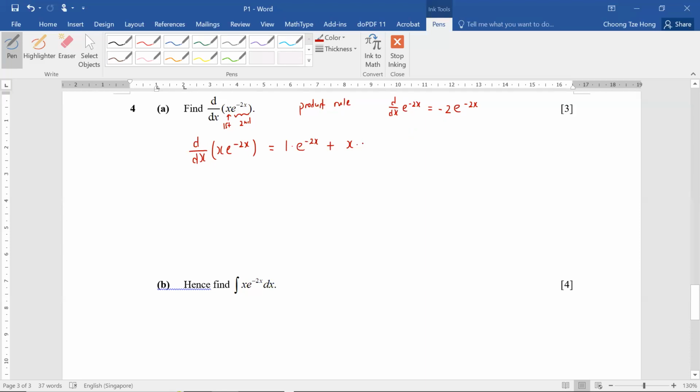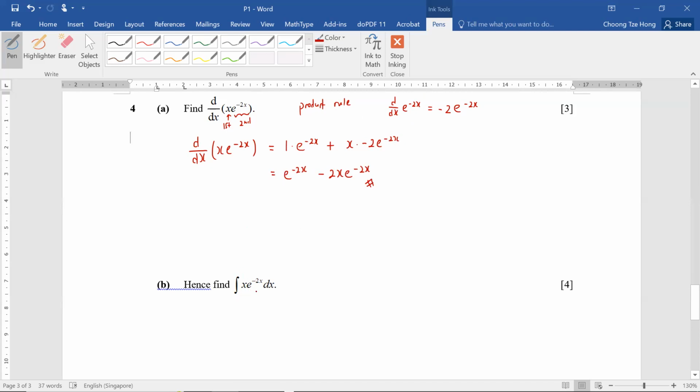Then we tidy up and we are done for the first part. We bring the negative 2x in front, and this will be the answer for part A.